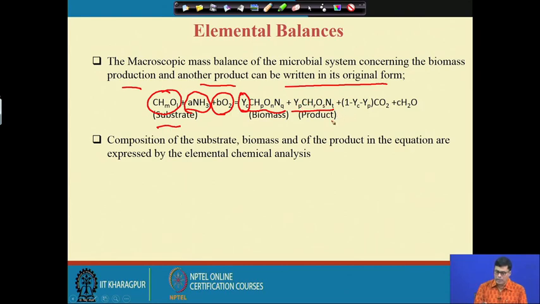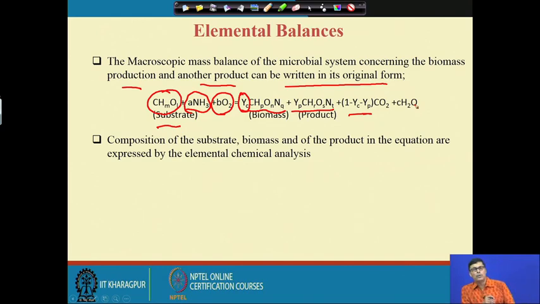that is equal to, now it is a kind of carbon balance. You can see that 1 mole of carbon is converted to Yc moles of biomass and Yp moles of product. So, what will be the carbon dioxide? 1 minus Yc minus Yp, this is CO2, plus H2O.